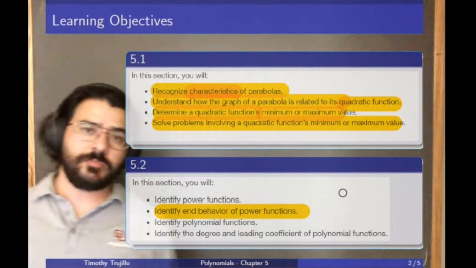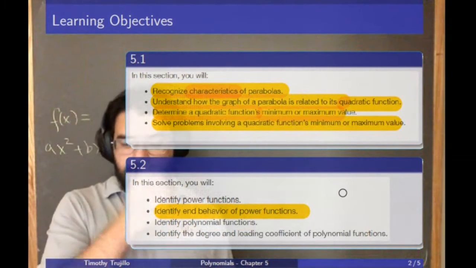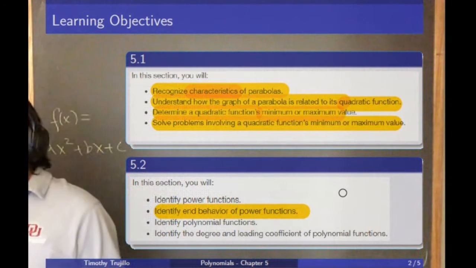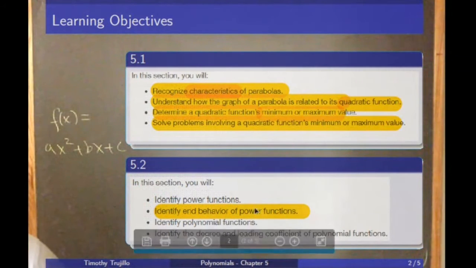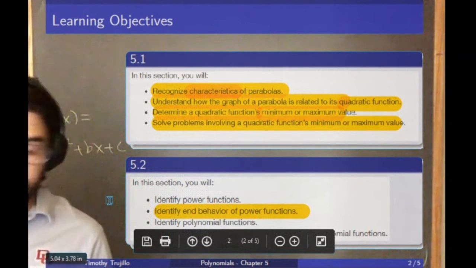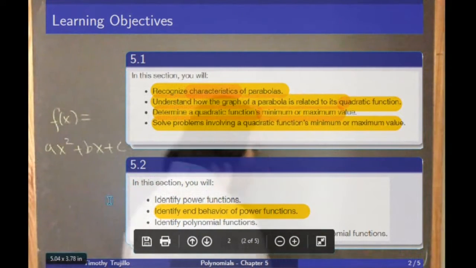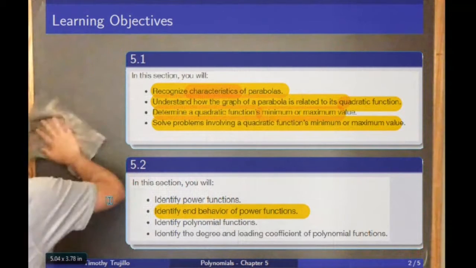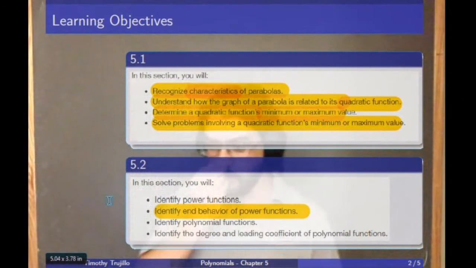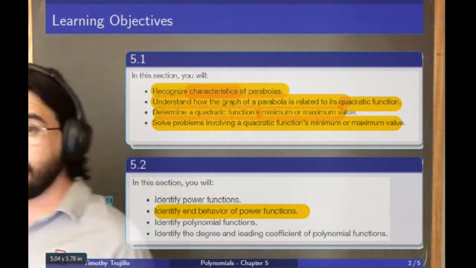Power functions are just polynomials that have one term, something like a times x to the n. We analyzed the end behavior of those power functions, and we saw that the end behavior basically just depended on whether the degree of the polynomial was even or odd.